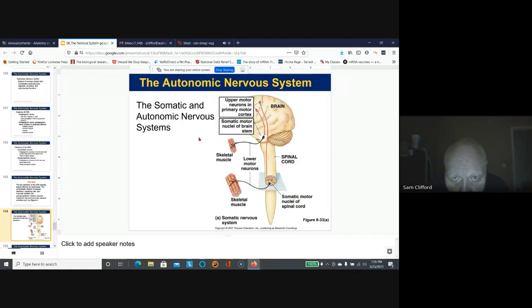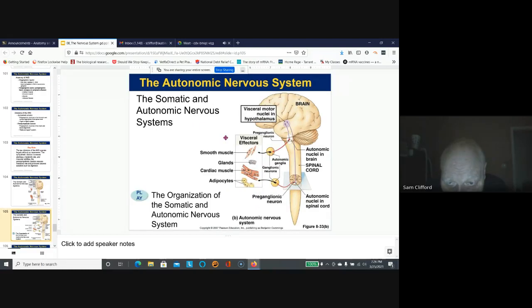So, the autonomic nervous system is receiving information and taking care of not skeletal muscle. So that's the somatic nervous system. Everything else is automatically taken care of by the autonomic nervous system.